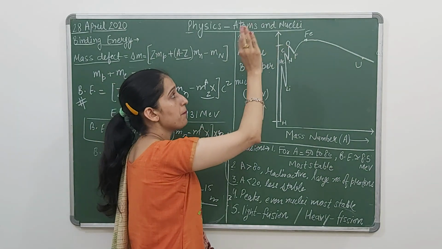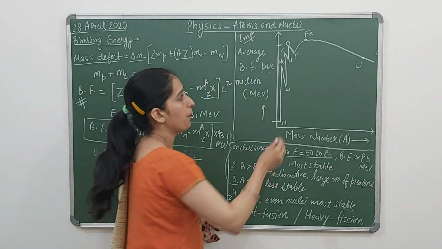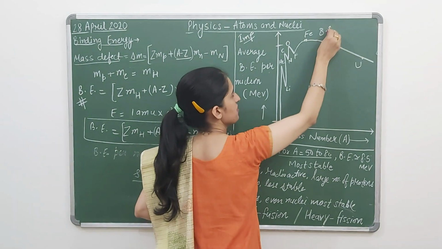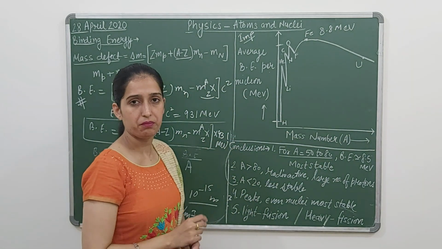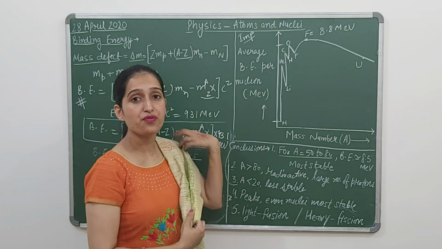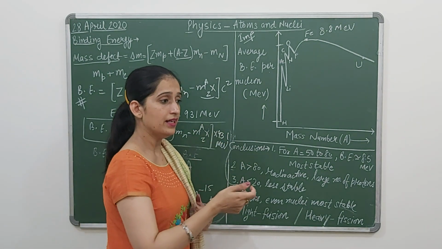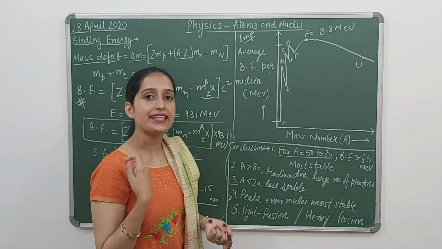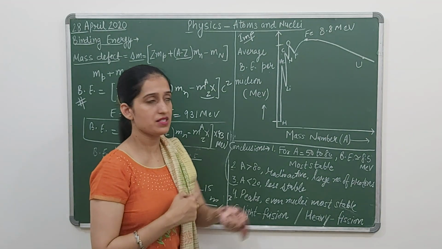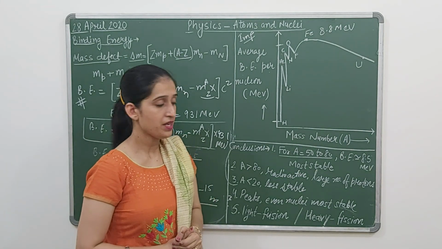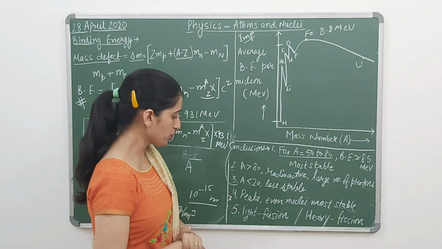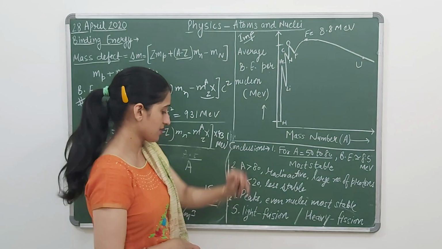It is having the maximum binding energy, approximately of the order 8.8 mega electron volt per nucleon. Means from iron, if you are ejecting one nucleon from the nucleus, we need this much amount of energy. That's why it is most stable.